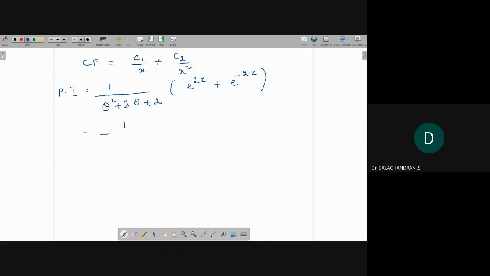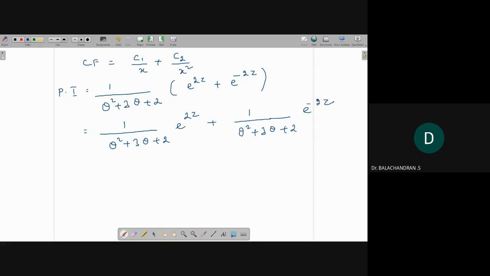So PI equals 1 by theta square plus 3 theta plus 2 into e power 2z, plus 1 by theta square plus 3 theta plus 2 into e power minus 2z.